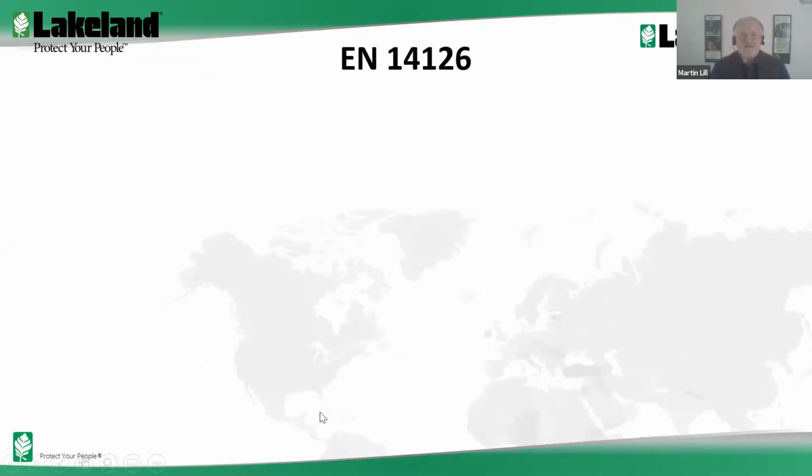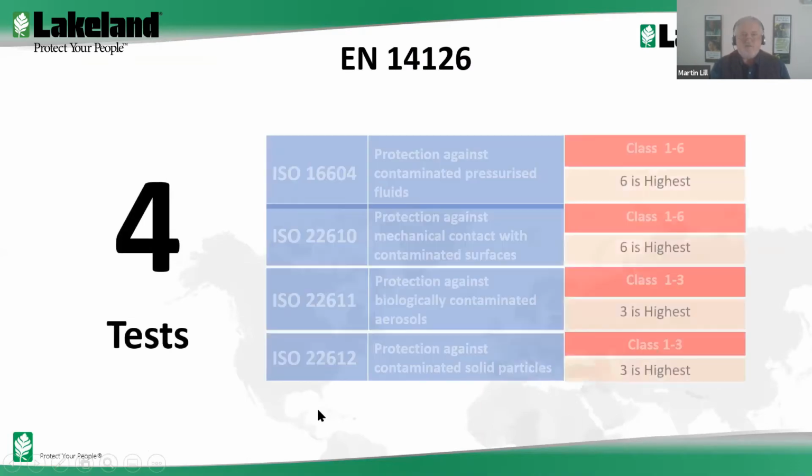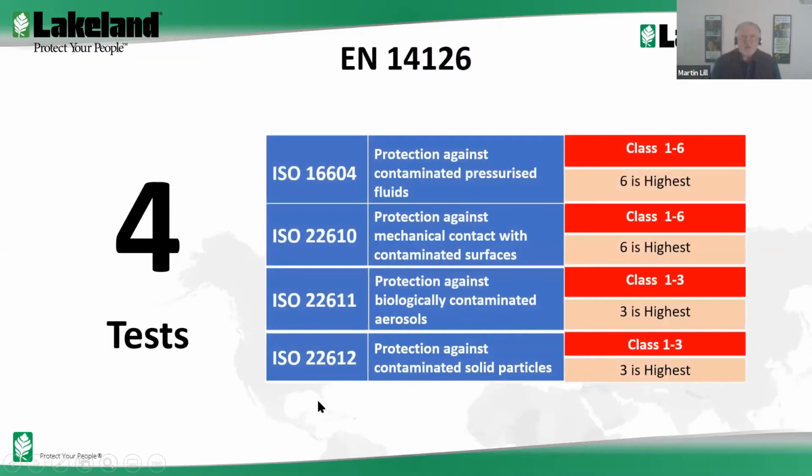So what's in that standard? Well, it's actually quite a simple standard, and it contains 4 tests. 4 tests to measure the resistance of the fabric of the garment against penetration by different forms of contaminant. So the first one, the ISO 16604, is protection against contaminated pressurized fluids.